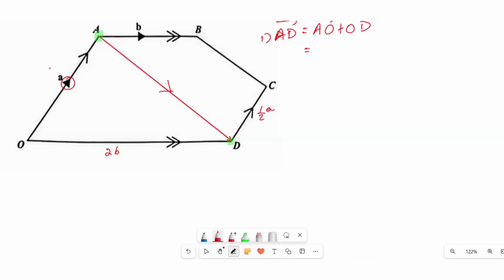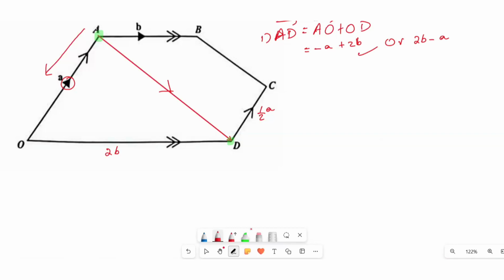I need AO because I'm coming this way. So it means then it's the inverse of my a. So it's the negative a that we're using. And then I'm going to take OD as is, which is plus 2b. And this is finished. All right. It's just that some people like to put the positive first. So you can say 2b minus a. And you're good right there. That's the same thing. All right. So quickly we captured our AD.